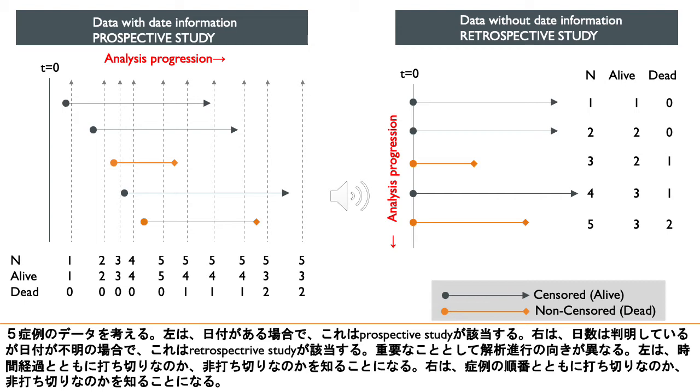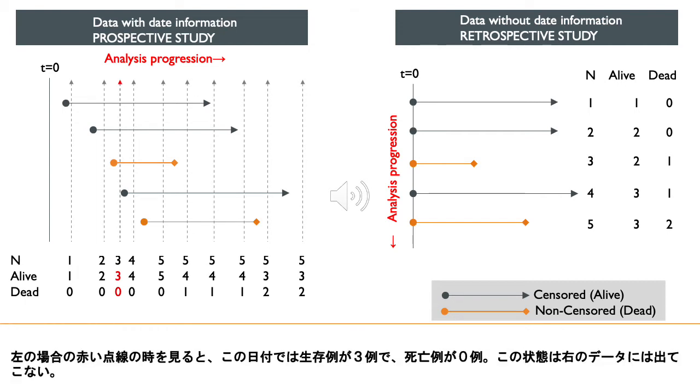On the left, we will know whether the case is censored or not as time passes. On the right, you will know whether the case is censored or not as the order of the cases. Look at the dotted red line in the left panel. On this date, there are 3 cases of survival and 0 cases of death.